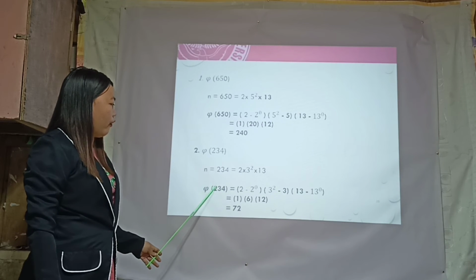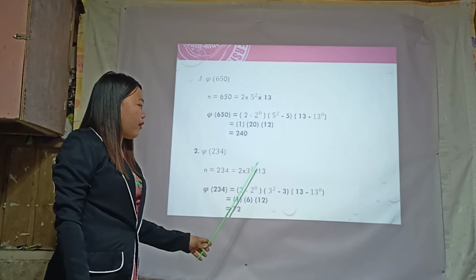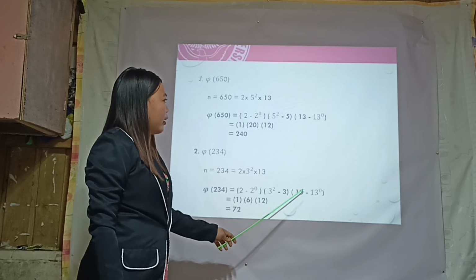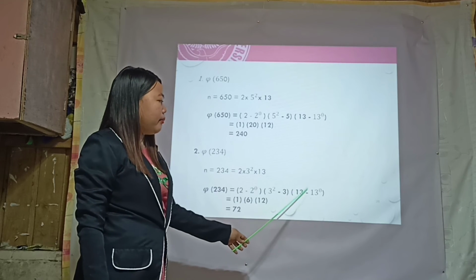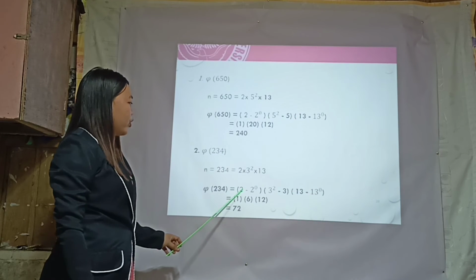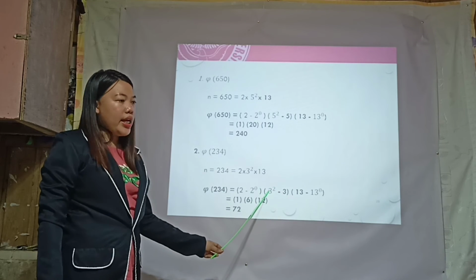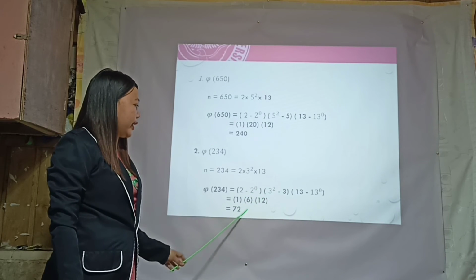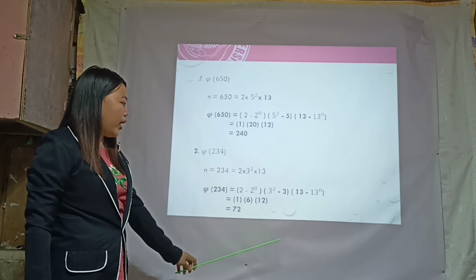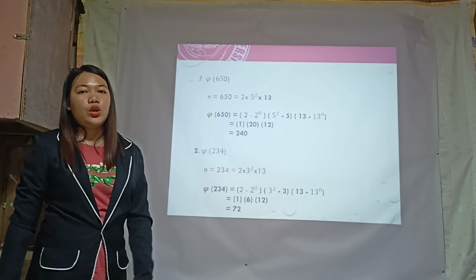So φ(234) is equal to (2 minus 2⁰) times (3² minus 3) times (13 minus 13⁰). So 2 minus 1 is equal to 1, and 3 times 3 is equal to 9, minus 3 is equal to 6. 13 minus 1 is equal to 12. So 1 times 6 times 12 is equal to 72.